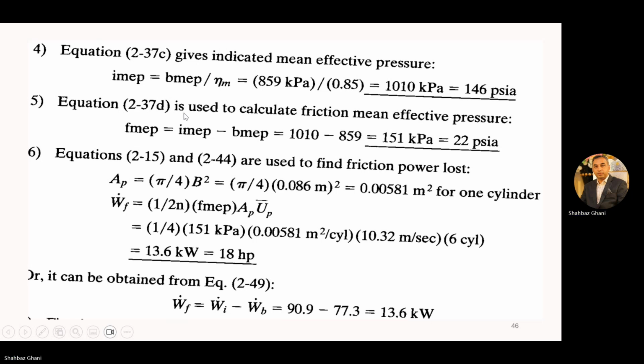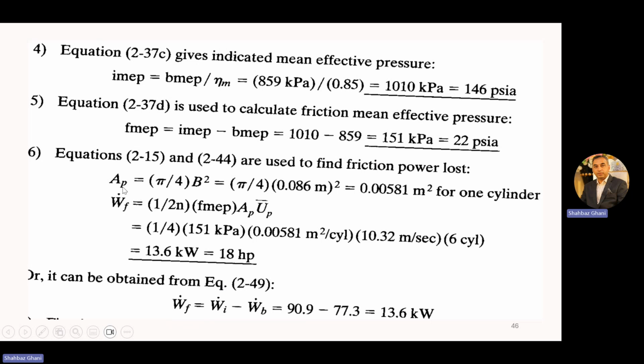Now, the friction mean effective pressure we can find from indicated mean effective pressure minus brake mean effective pressure. Similarly, we can find the friction power with this formula or with this formula.